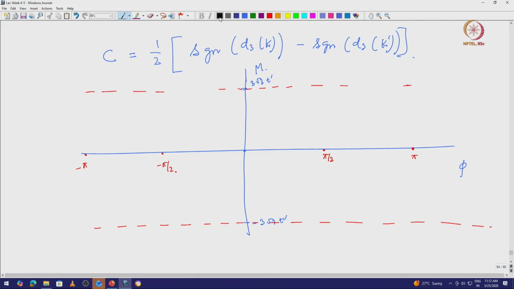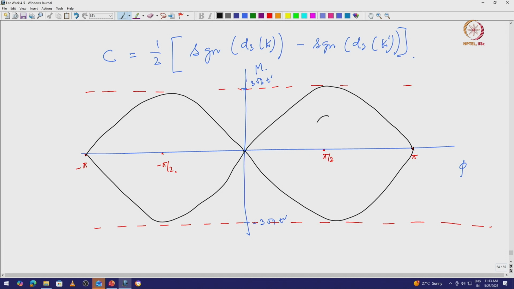So this gives us in this case Chern number is +1, in this case Chern number is -1. Okay. Whereas outside Chern number is 0.